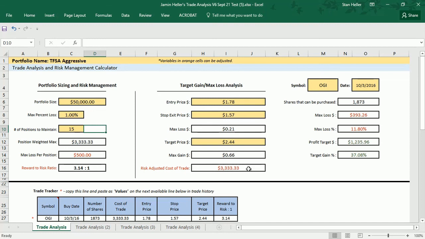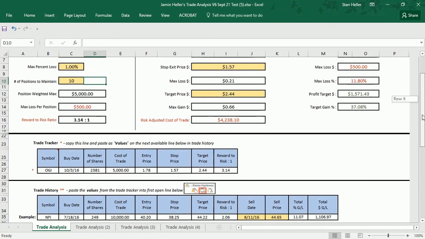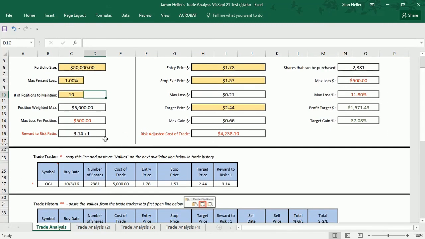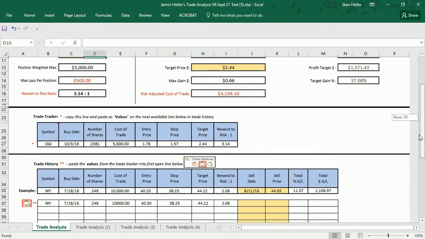We're not going to be able to buy as many shares. So I'll just leave it at 10 for now. That's our setup. Everything's looking good. We're happy with the reward to risk. It's 3 to 1 now, 11% max loss, and a nice 37% gain if it goes in our favor.